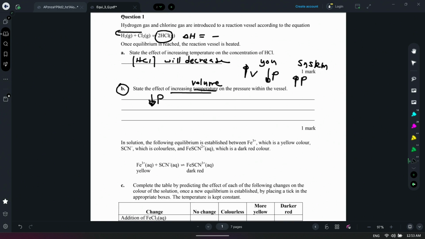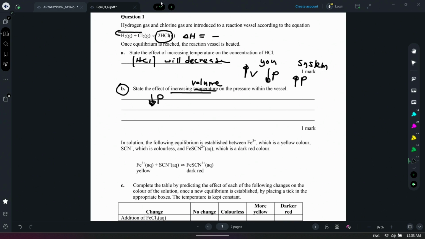Pressure will decrease is the answer. There is no shift in equilibrium to partially oppose the change.